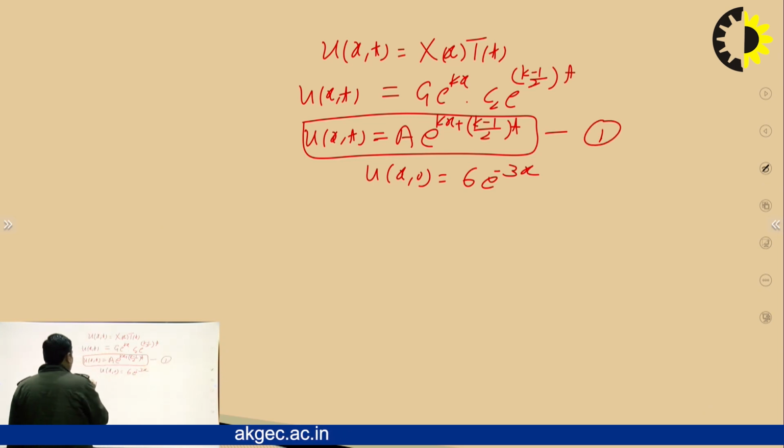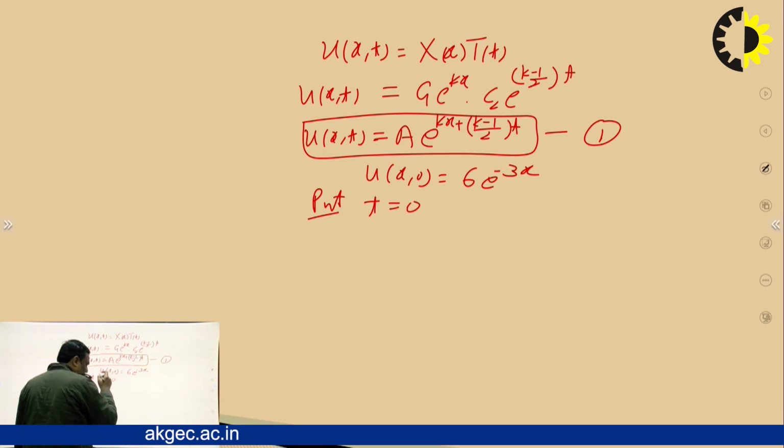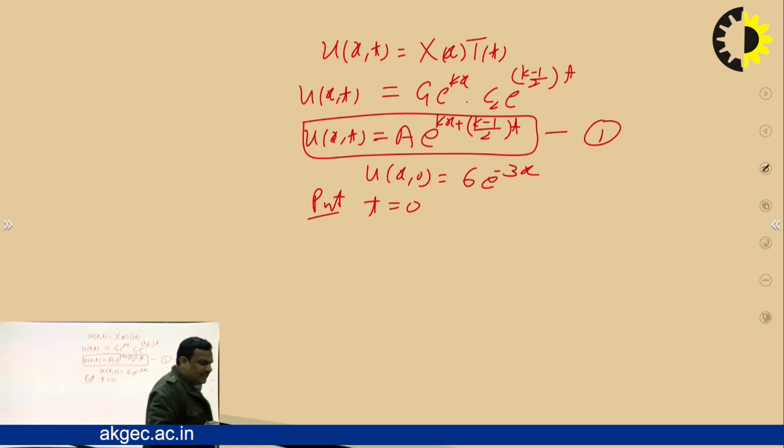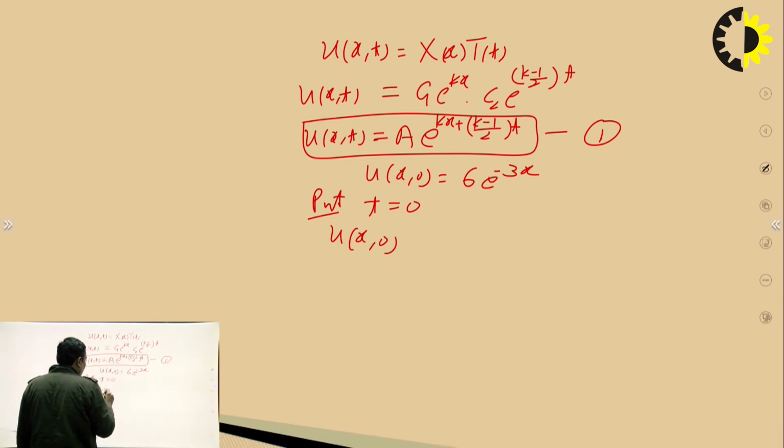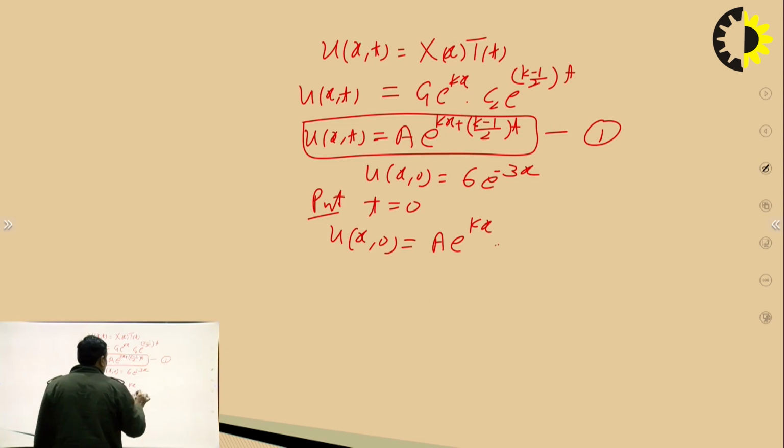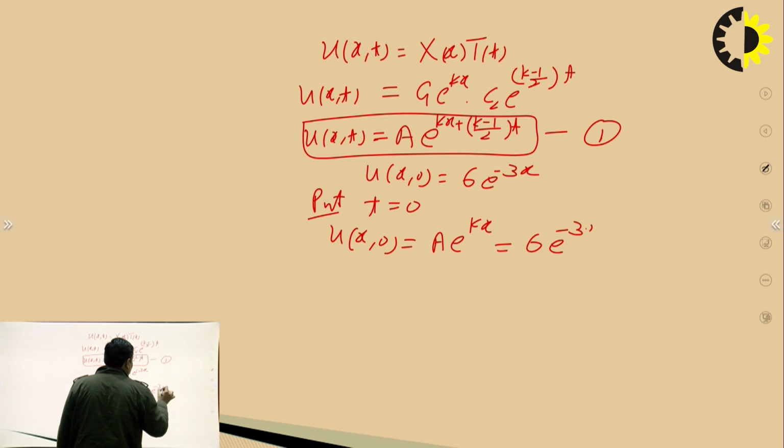In equation 1, put t equal to 0 because it is the initial condition. Initial means time t equal to 0. Initially nothing had started, time t is 0. So put t equal to 0 in this equation. u of x,0 equal to a e to the power kx, the coefficient of t being 0. It leaves only a e to the power kx, which is equal to 6 e to the power minus 3x.